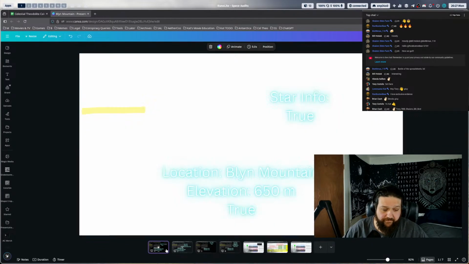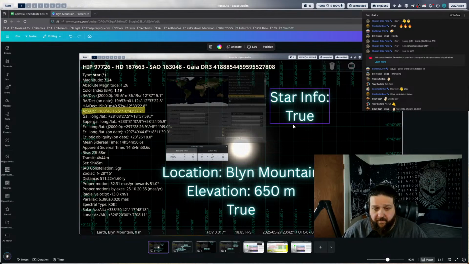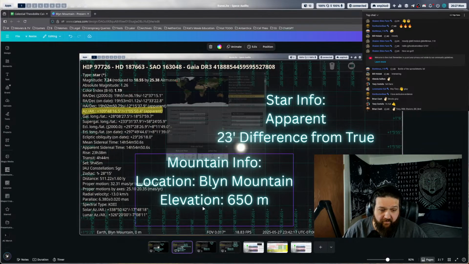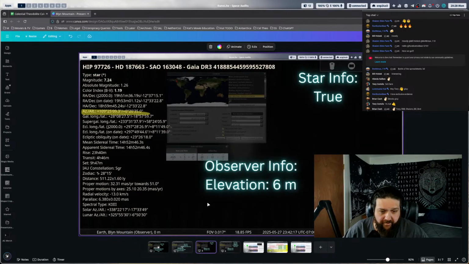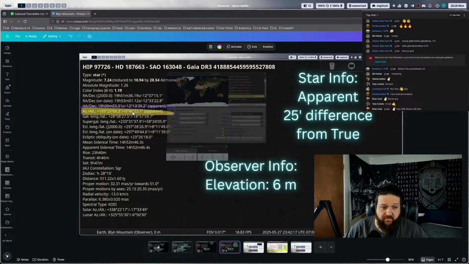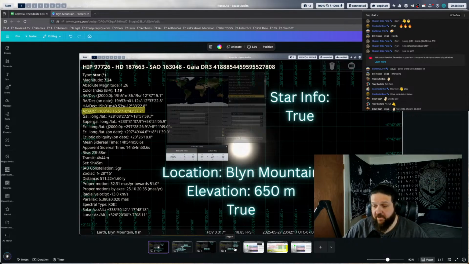So what he did here, what we'll look at on the mountain peak, we have the position of the star at 240 at 42 arc minutes. And then when we enable apparent position, it's at 1 degree 5 arc minutes, but that's irrelevant for right now. When we go to observer location, the star's true position is at 20 arc minutes, but the refracted position is at 46 arc minutes. So what he did was find a place where the drop is the same as the refracted correction, essentially.